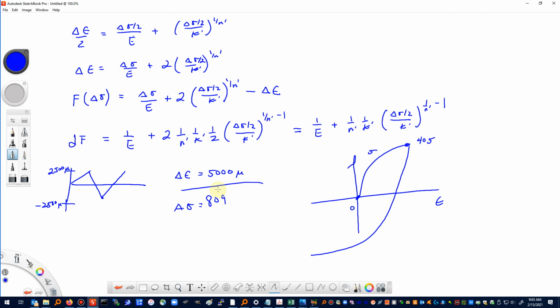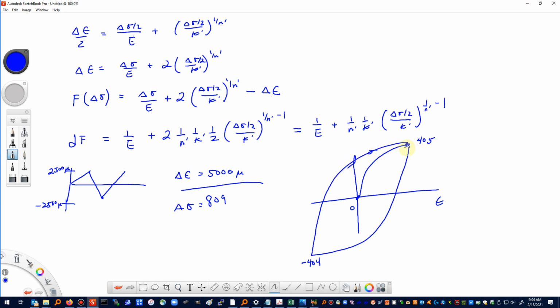We take away 809. We're at minus 404. If we do this again, we would get the exact same value, because now we're upsloping 5,000 microstrain. So we would take minus 404 and we would add 809. It would get us back here.